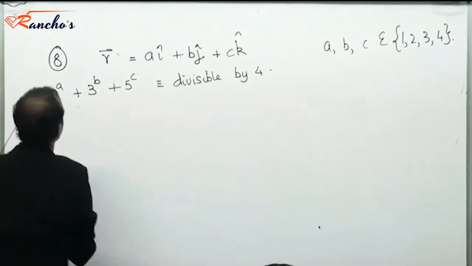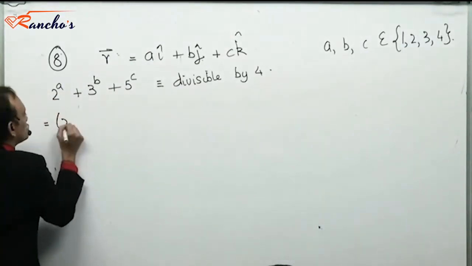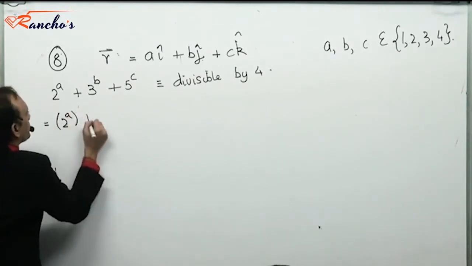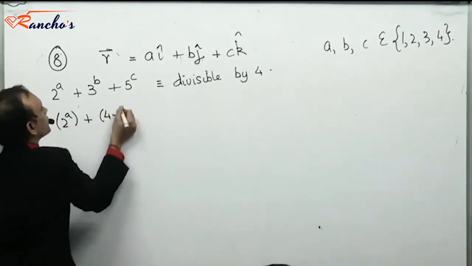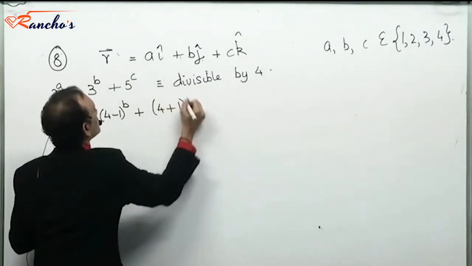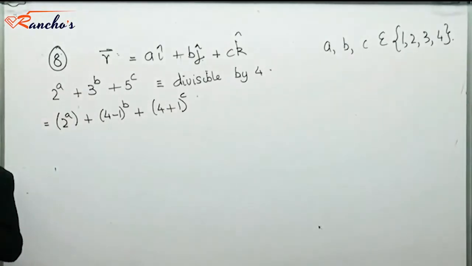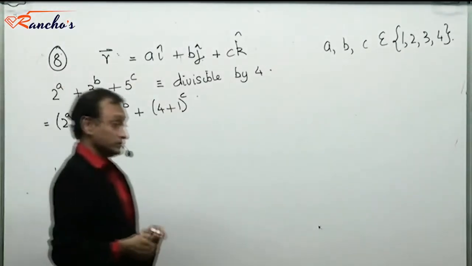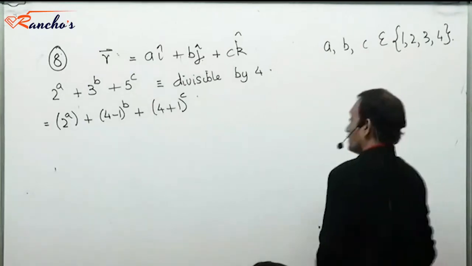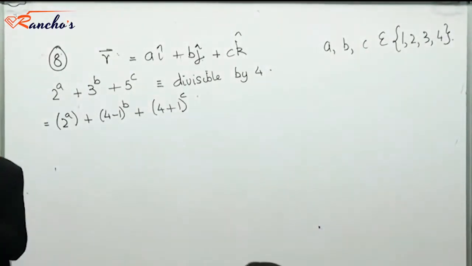Now this is a very simple problem. Now this could be written as 2 to power A plus (4 minus 1) to power B plus (4 plus 1) to power C. Yes or no? Now, remember I gave you a brief snippet of binomial theorem.